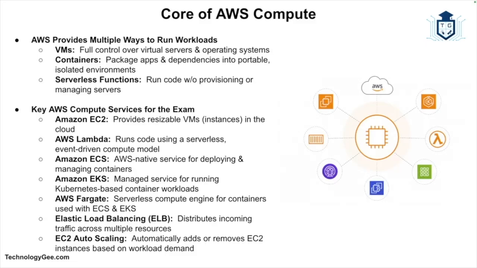And the main compute services that you need to understand for the exam include the following. We've got Amazon EC2, AWS Lambda, Amazon ECS, Amazon EKS, AWS Fargate, Elastic Load Balancing, and Auto Scaling. And each of these services represents a different level of control, flexibility, and management responsibility. And the key to mastering this objective is understanding when to use each one.